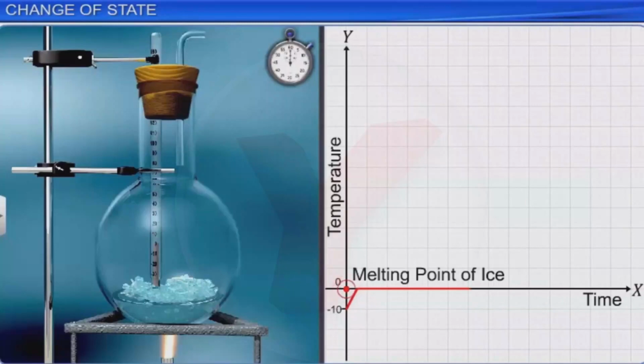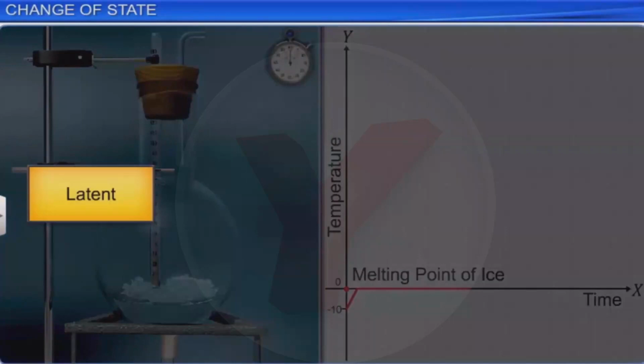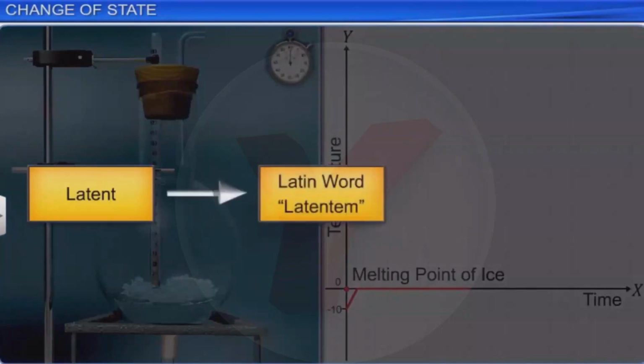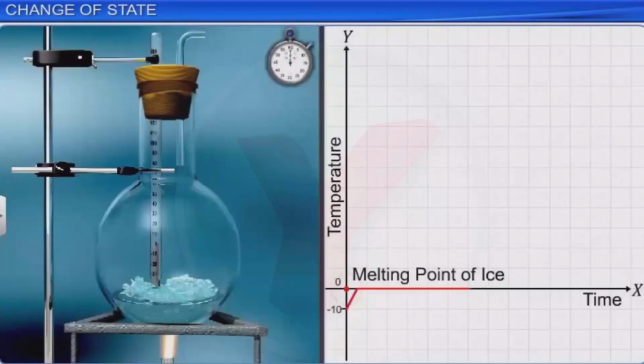The word latent means hidden and is derived from the Latin root word latentum, which means to lie hidden. Latent heat is a characteristic of the substance.